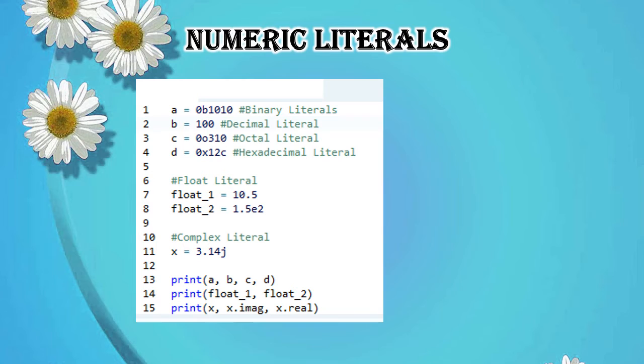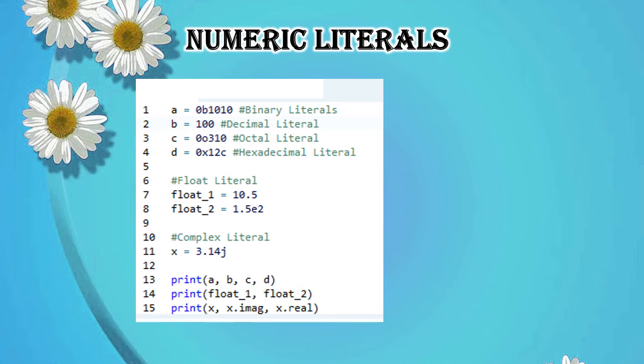Hexadecimal starts with 0x, so d is called a hexadecimal value. And the float value holds a decimal value 8.5, and then e indicates a scientific notation value, 10 to the power, so 1.5e2 means 1.5 times 10 to the power 2.